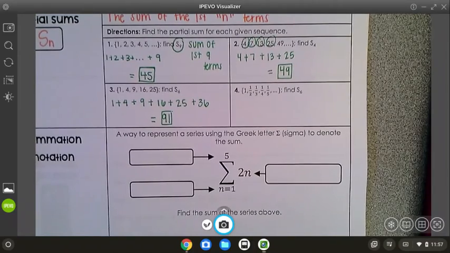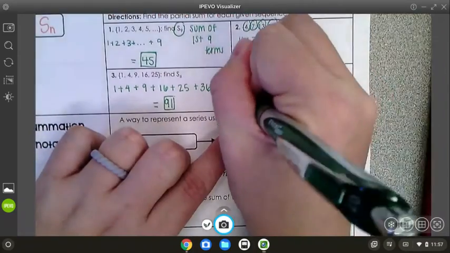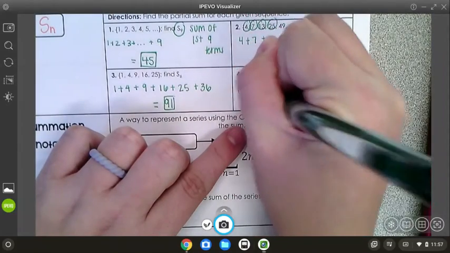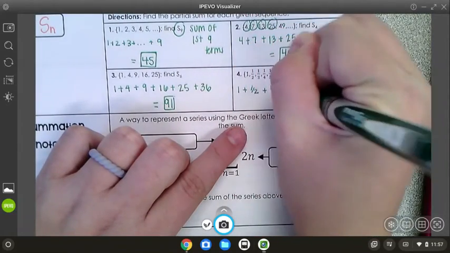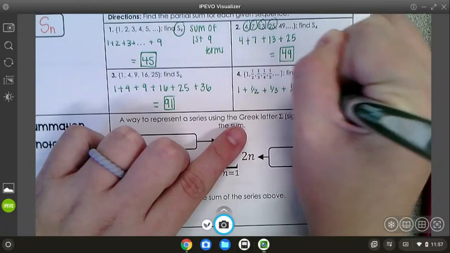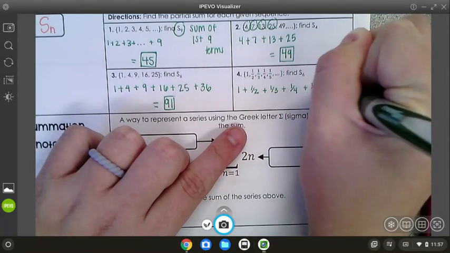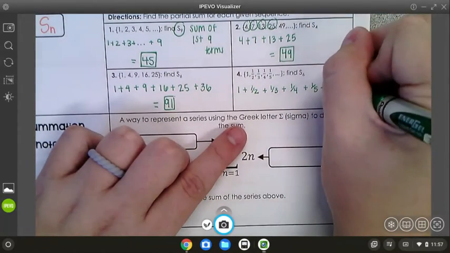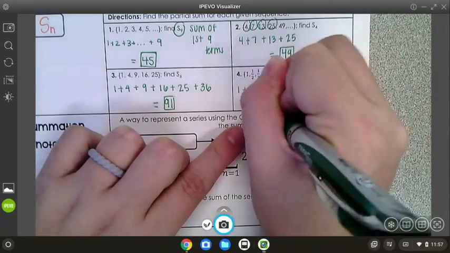And then number 4, we have 1 plus 1/2 plus 1/3 plus 1/4 plus 1/5 plus 1/6.